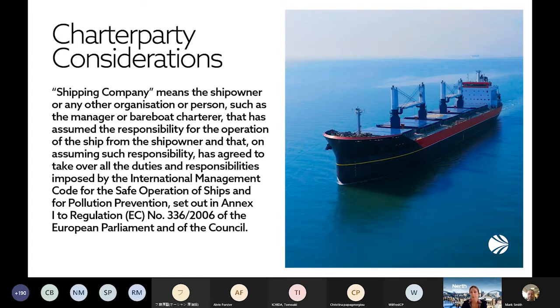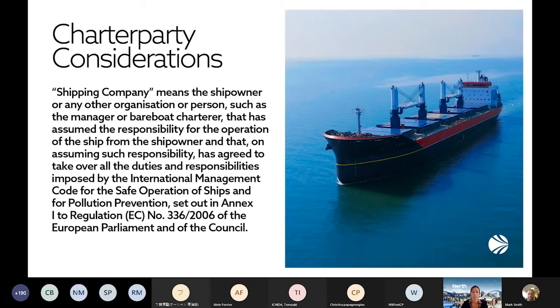But due to the stages of agreement yet to be completed, it's possible that the proposal may be changed or may be delayed. But if we assume that the proposed amendments remain unchanged, or at least materially unchanged, then the onus will rest on the party described as the shipping company to comply with the EU ETS.